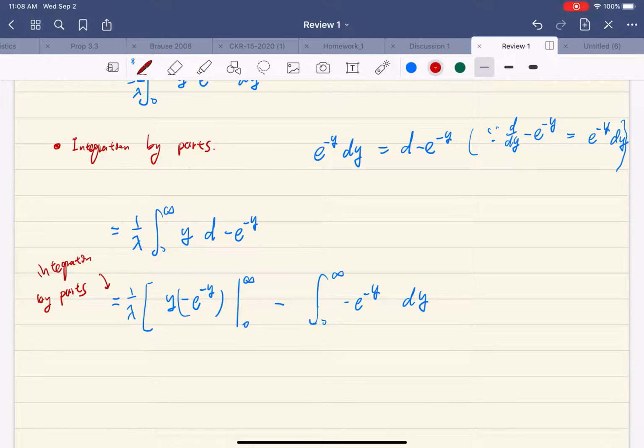Okay. And here we have two negatives, so we can change this to positive.